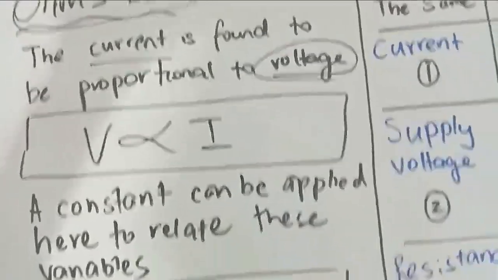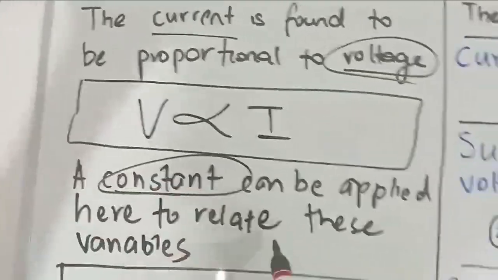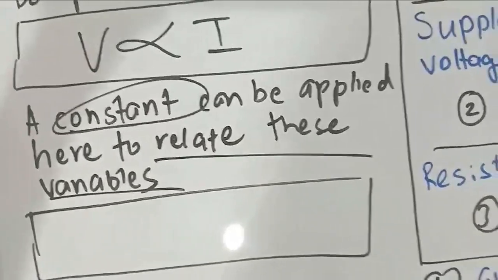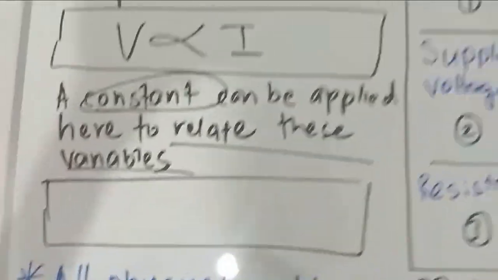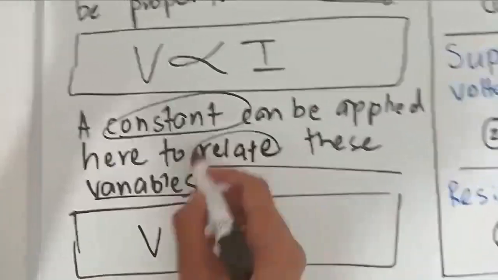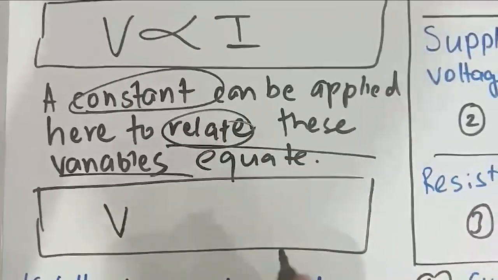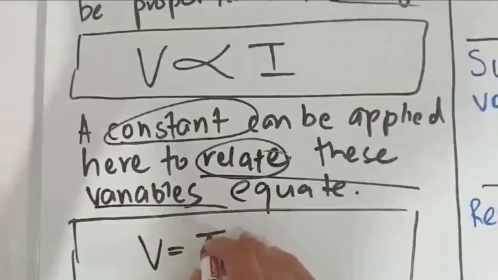In this case, we can apply a constant to relate these variables. And what is this constant? Well, with this constant, firstly, we can equate these variables. This constant is resistance.